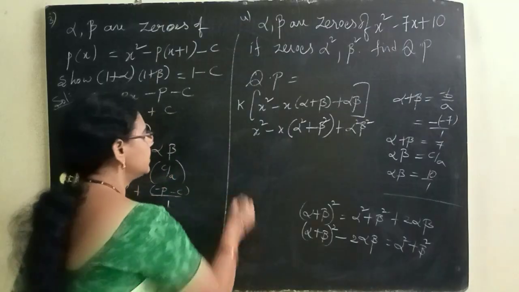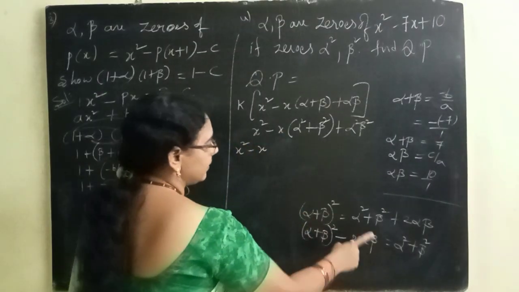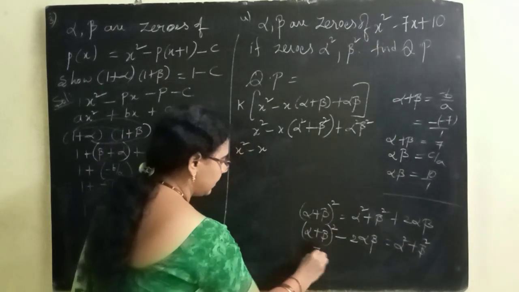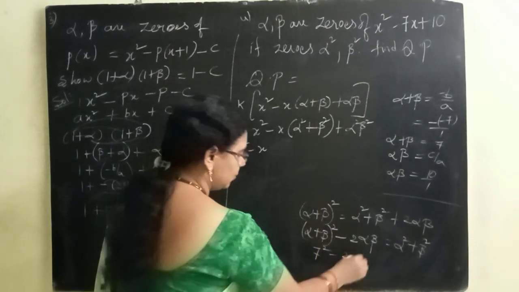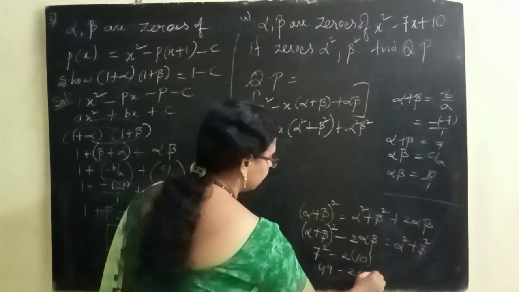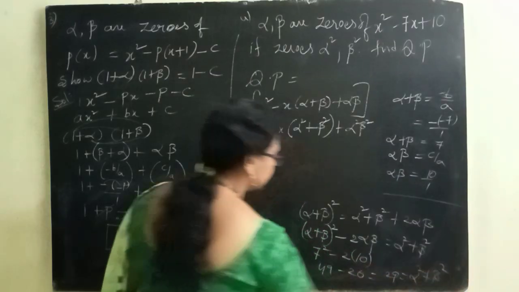Okay, so that is x square minus x, alpha square plus beta square. Alpha plus beta, how much? 7. Minus 2 into 10. 49 minus 20. 29 is alpha square plus beta square.